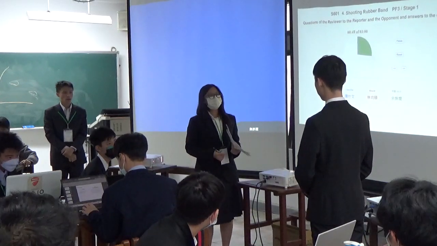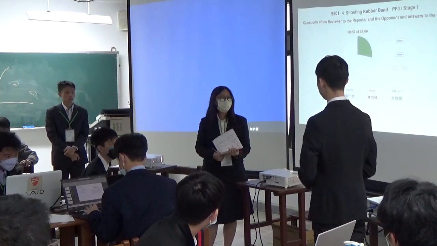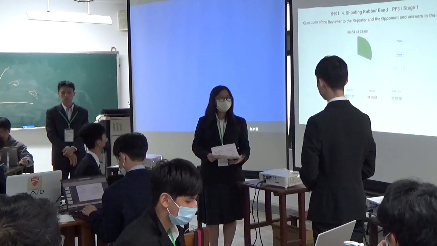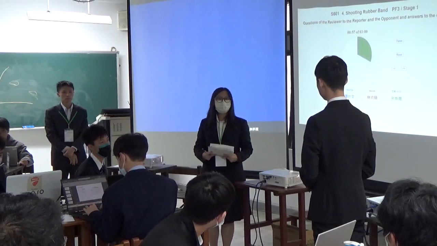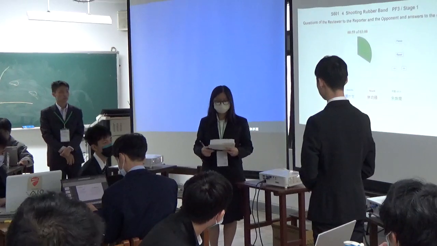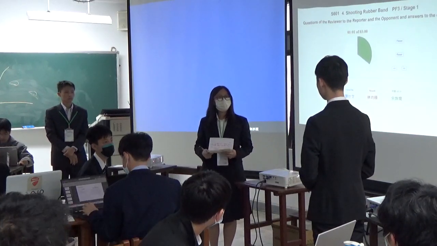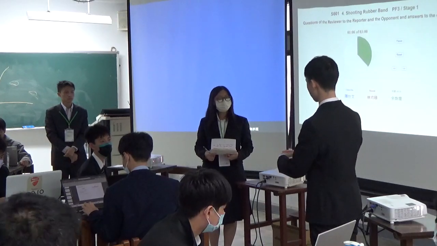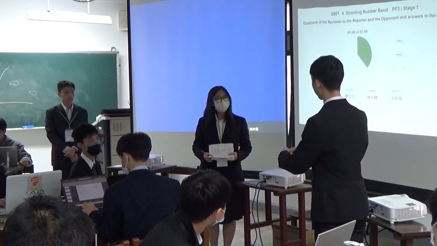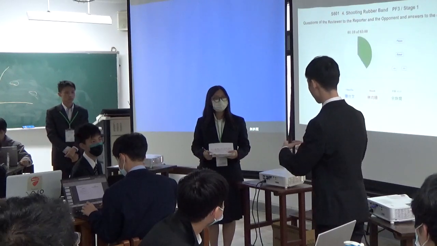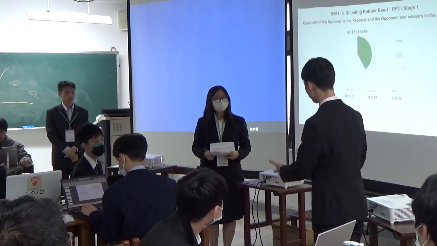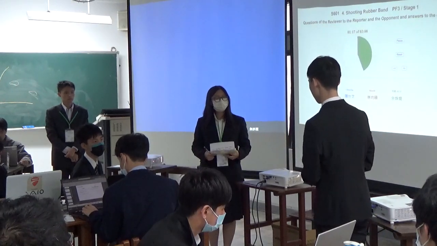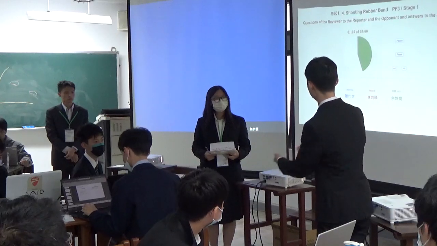How do you think about this? I mean, the opponent did not mention that the reporter hasn't talked about how they observe the angular velocity. We think that if they put marks on the rubber band, then we can track the angular velocity, but it has some problems because the mark is stretched.